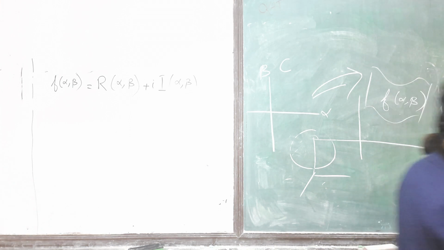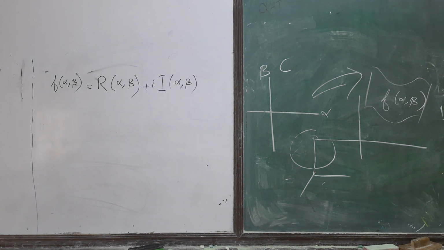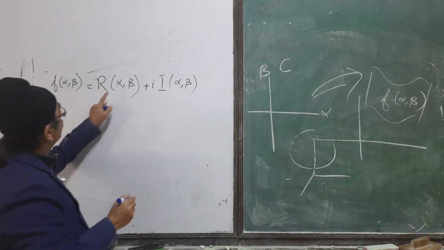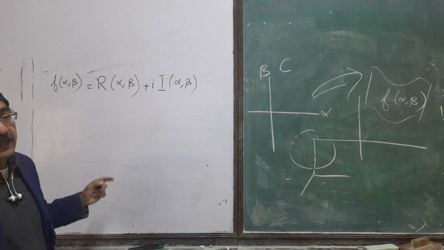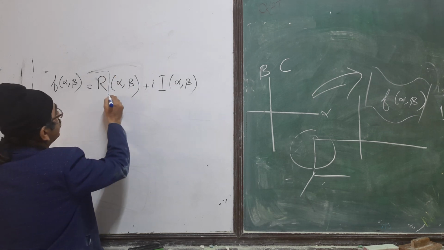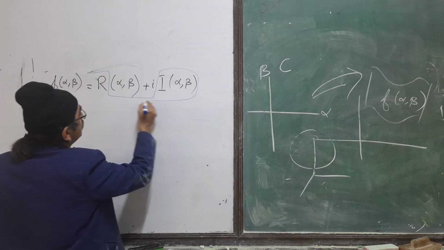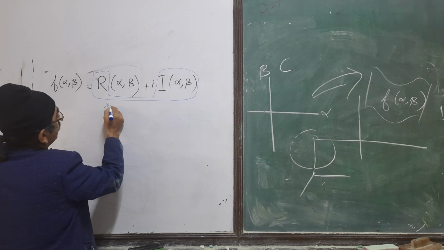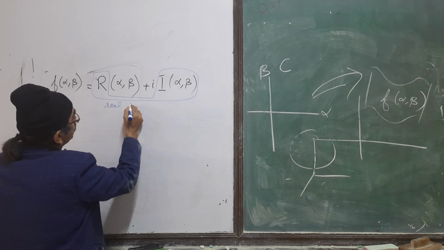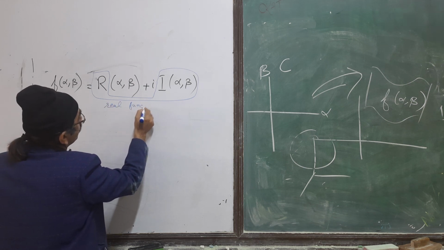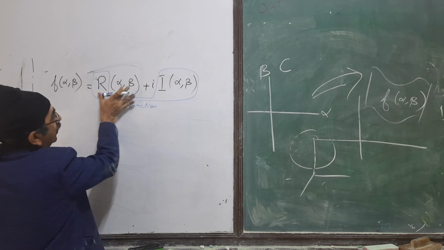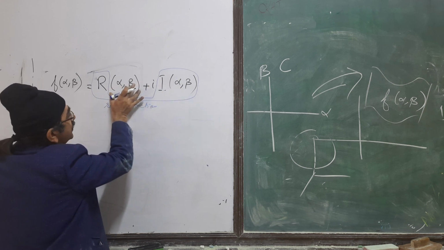Yes, as in the case of a complex number, you are absolutely right. In the case of a complex number, one is related to the real axis, one will be related to the imaginary axis, but A and B, that is alpha and beta, will be real numbers. So these will be real functions.